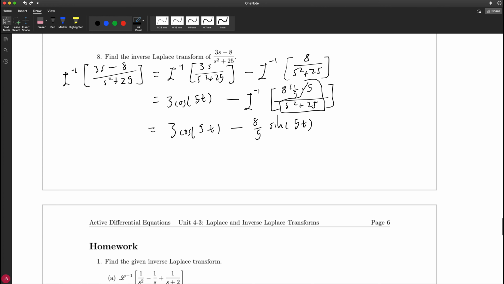And so technically the numerator is still 8, since 8/5 times 5 is still 8, but I'm making it look a little bit different now because I need the 5 over s squared plus 25 in order to do the sine Laplace inverse. And so this 8/5 factors out now, and then you get sine of 5t.